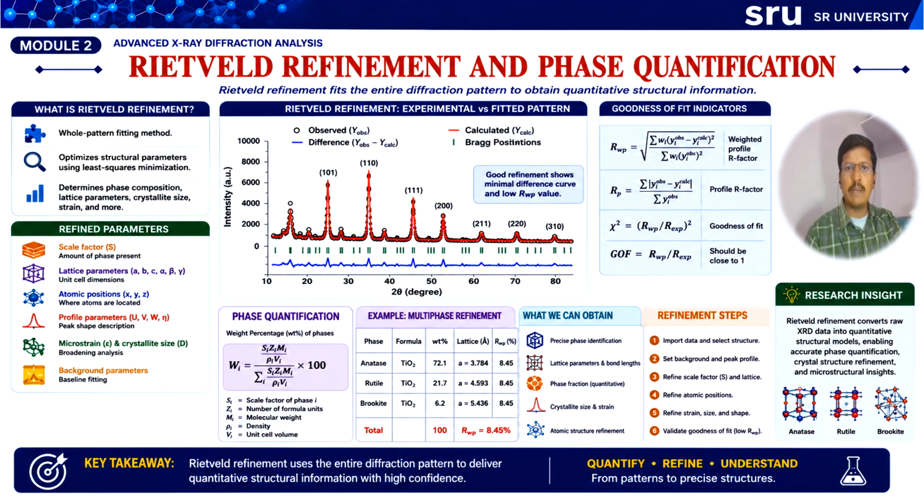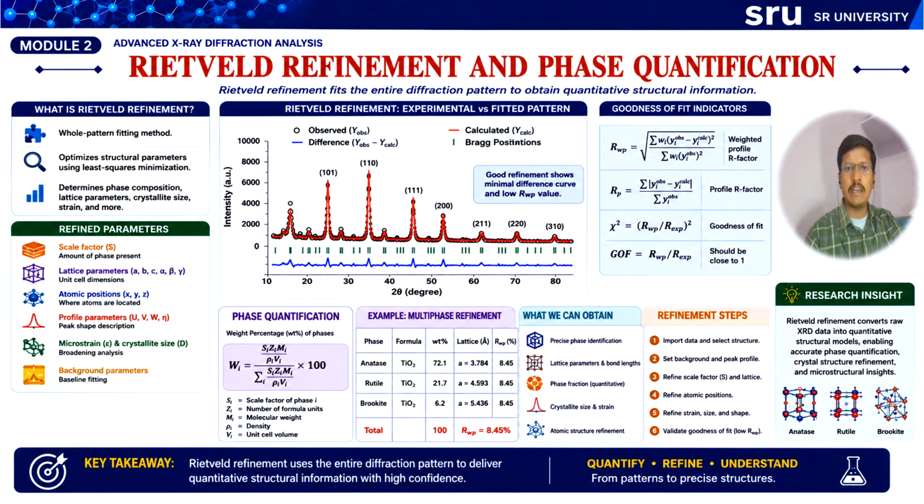First we have to import the data, then background subtraction needs to be done, then we need to fix the peak fitting, then select one crystal structure file, then refine the lattice parameters, then adjust the atomic positions and minimize the residual error.